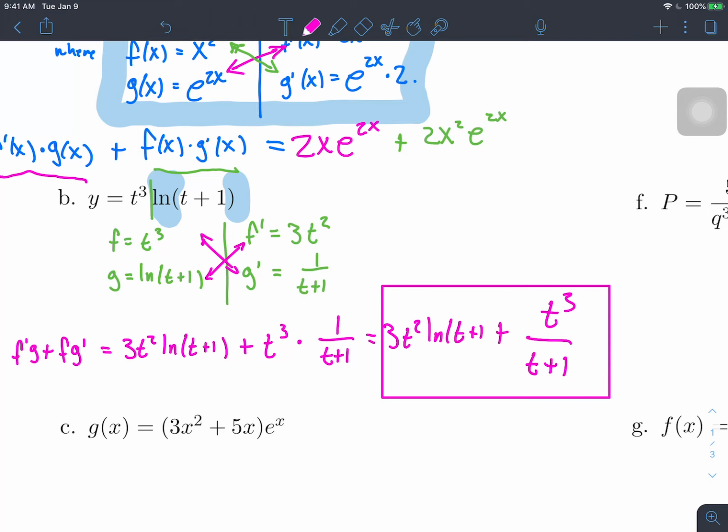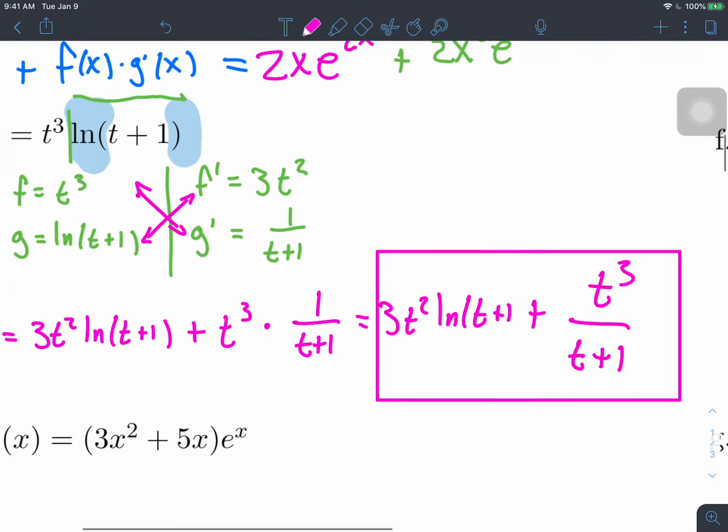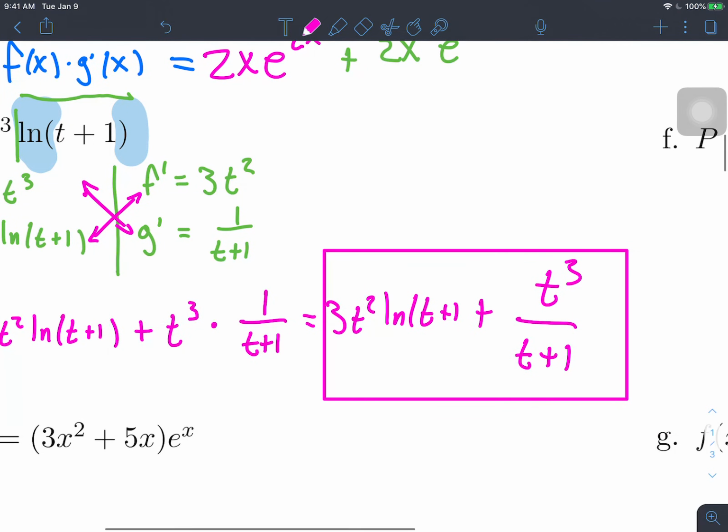Yeah, I know there's a way to, but how did you get t cubed over t plus 1? So yeah, I simplified here. On the left side of this equals sign, I had t cubed times 1 over t plus 1. So what I can do here is rewrite t cubed as the fraction t cubed over 1.